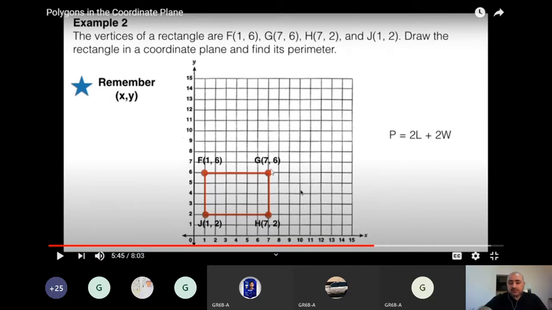After you represented here the points, you can match between them. So this is F, go to the G, then from G to the H, then from H to the J, then from J to the F. So you will find we have a rectangle.